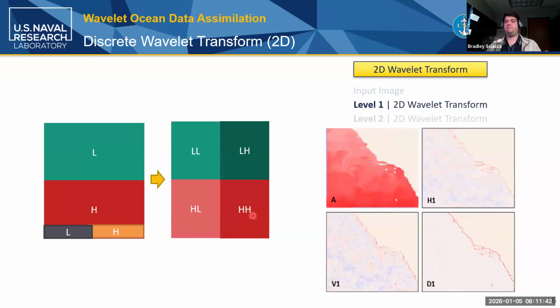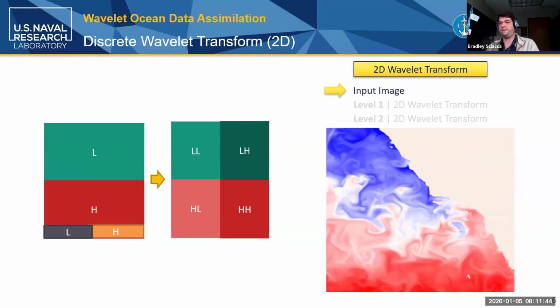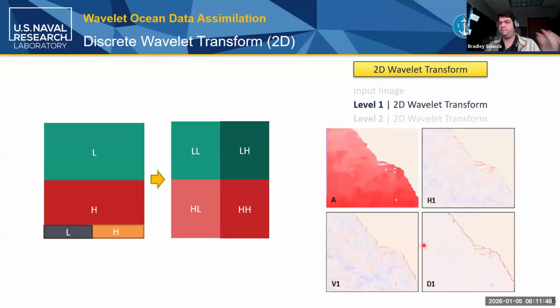These have names. If this was the input here, this output would be the wavelet output. We have our horizontal details, which is the low pass, high pass, our vertical details, the high pass, low pass, and the diagonal, which is the high pass, high pass. And then we have our approximation, which is the lowest of the lowest frequencies in our signal.